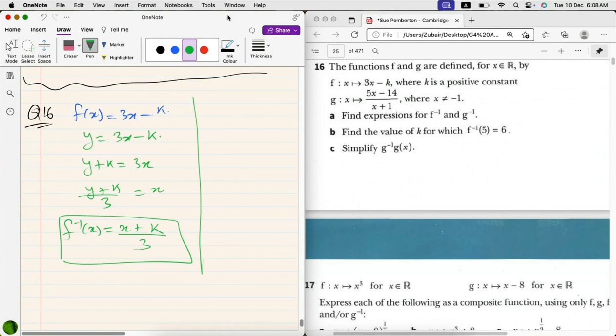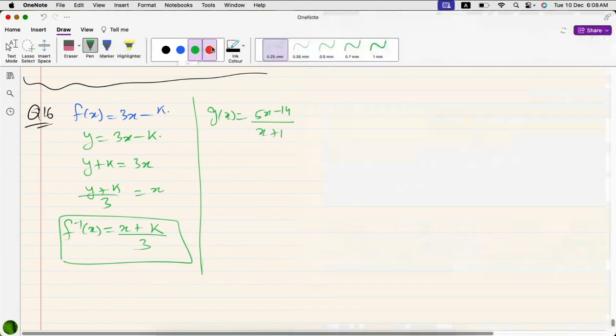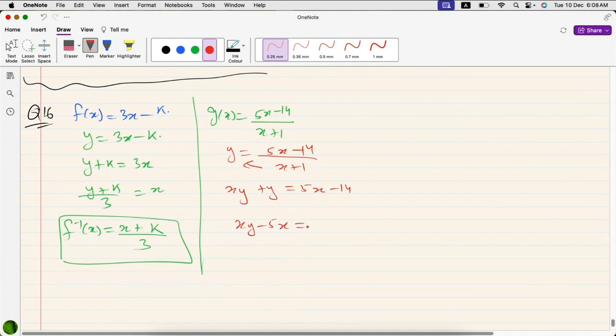On the other side, g inverse. g of x is equal to 5x minus 14 over x plus 1. y is equal to 5x minus 14 over x plus 1. Cross multiply: xy plus y is equal to 5x minus 14. xy minus 5x is equal to minus y minus 14.